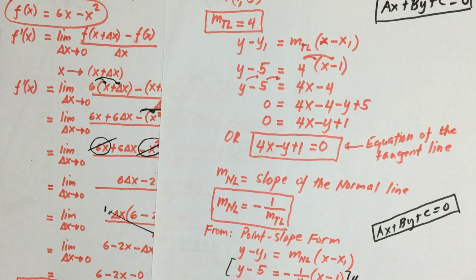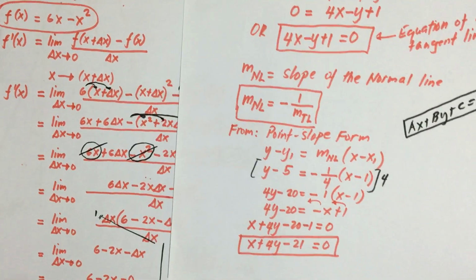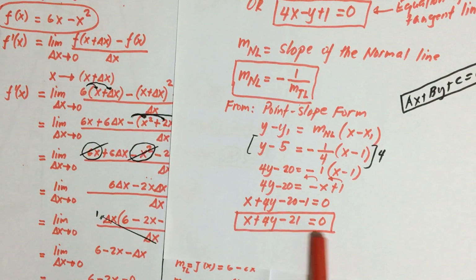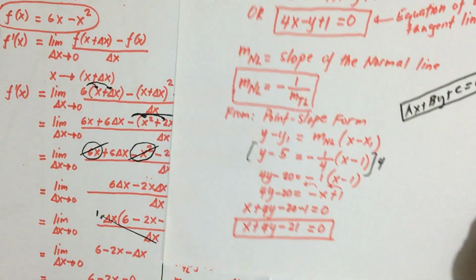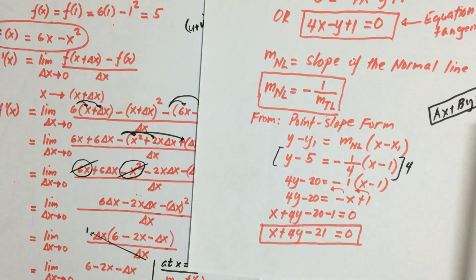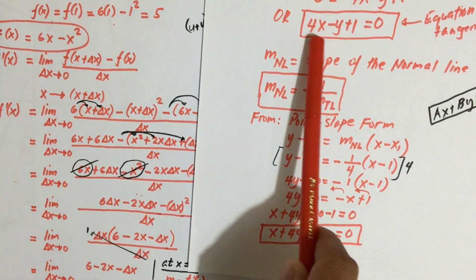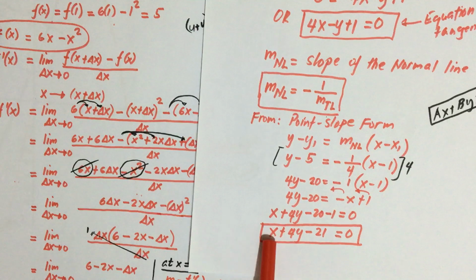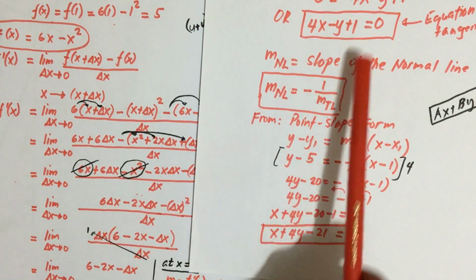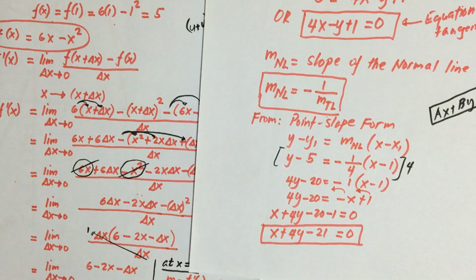And for the normal line, we have x plus 4y minus 21 equal to 0. If you look at the tangent and normal line, class, if you can still remember from your analytic geometry, you see here we have 4x minus y, and then x plus 4y. That indicates that these two lines are perpendicular to each other.